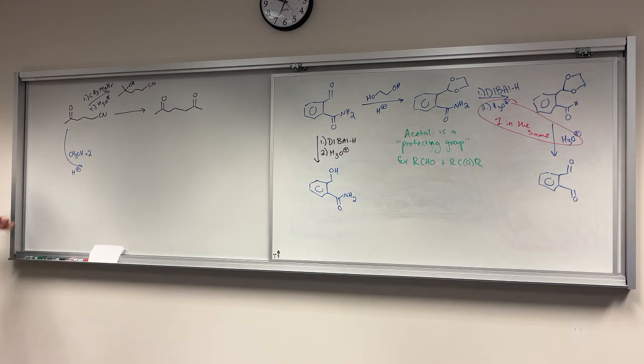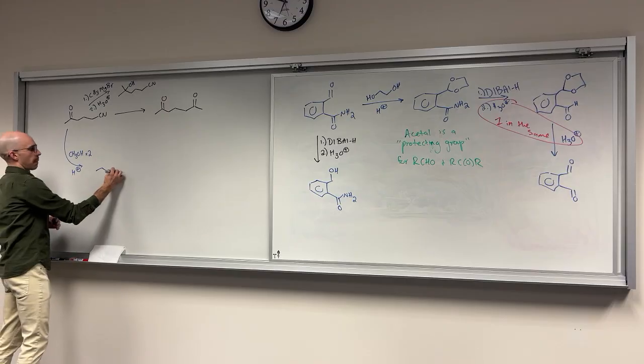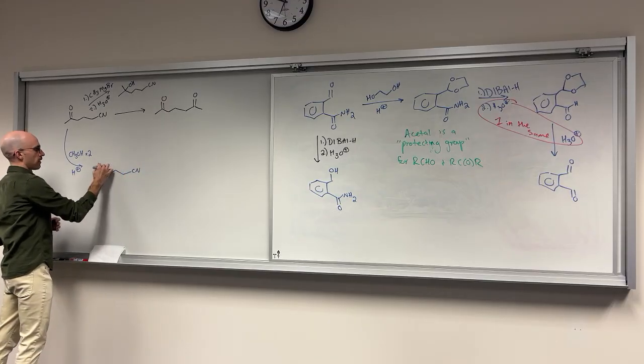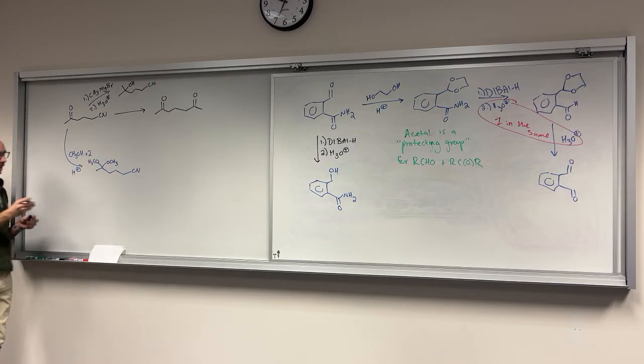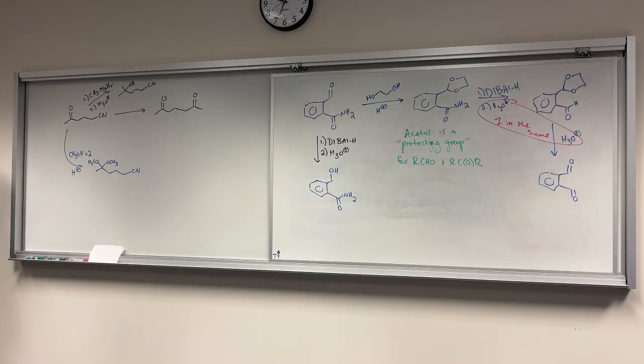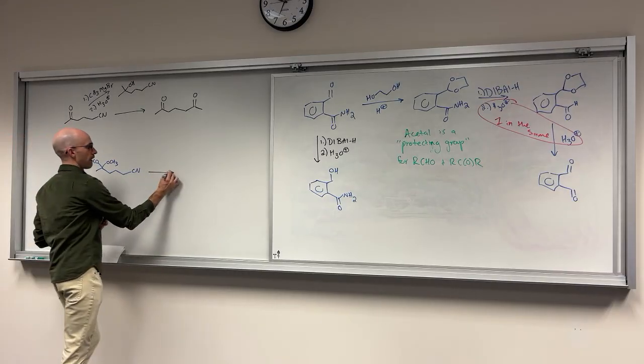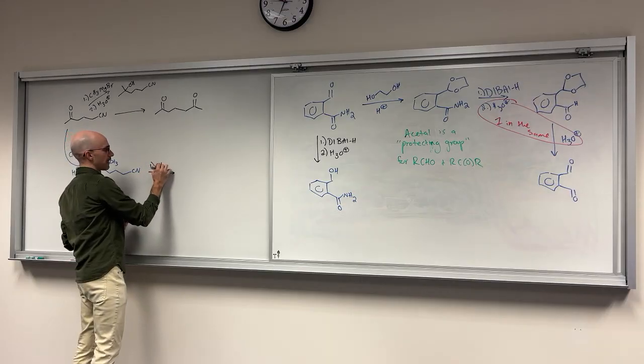This time, instead of a diol, I'll give you two equivalents of an alcohol. I can protect my ketone. It's now an acetal. It's not a diol. Now that I have that protecting group, I can do whatever I want to with my nitrile.